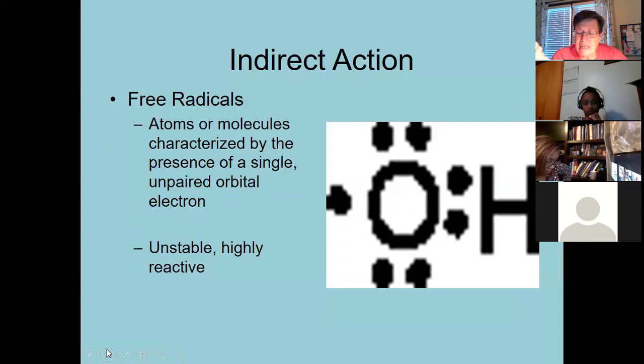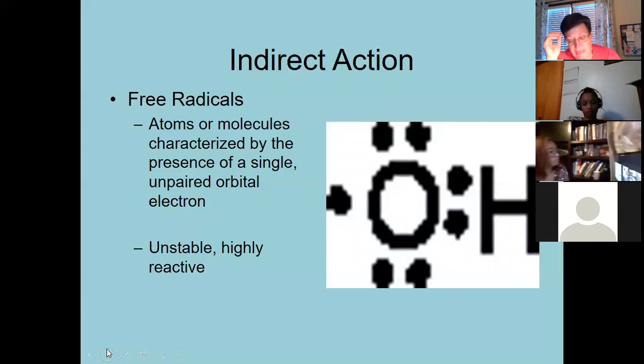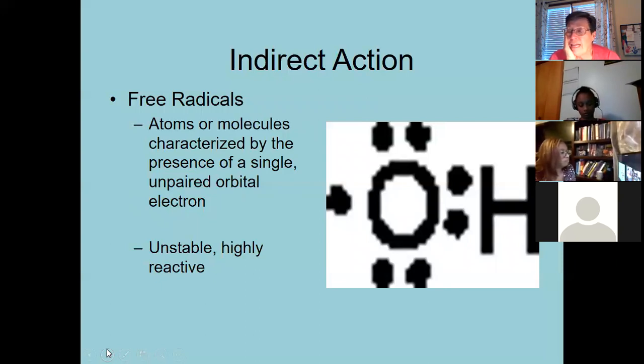And that makes it very unstable and very interactive, meaning it's going to react with whatever is around it. I think of free radicals as being frenzied. They have a lifetime, and listen to this, this tells you how long they last. The lifetime of a free radical is 10 to the minus 5 seconds.